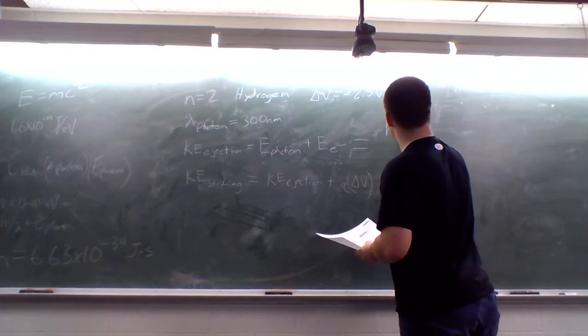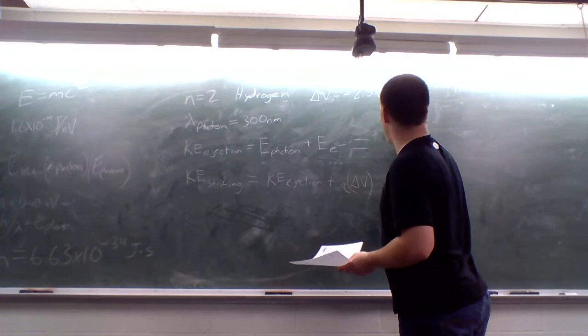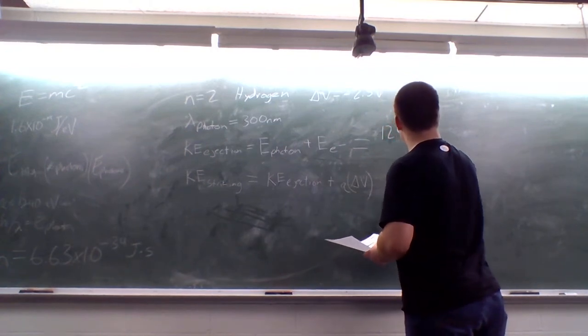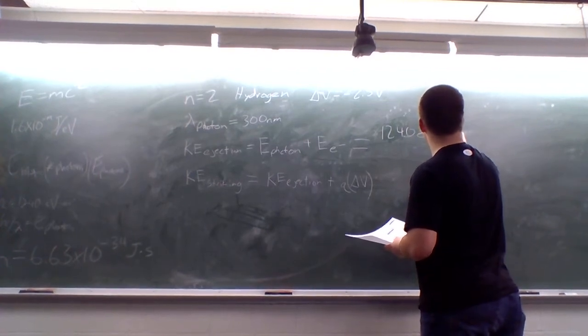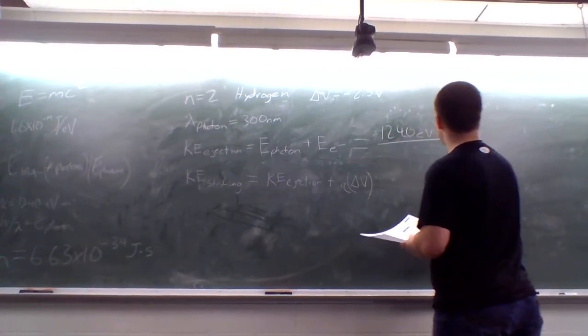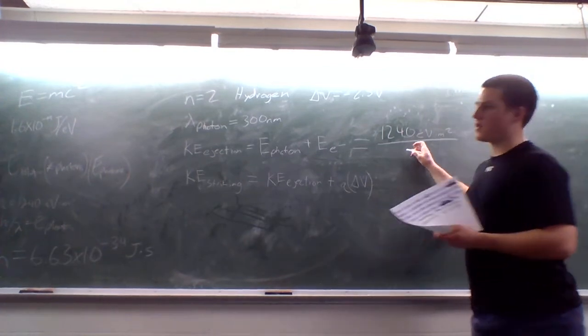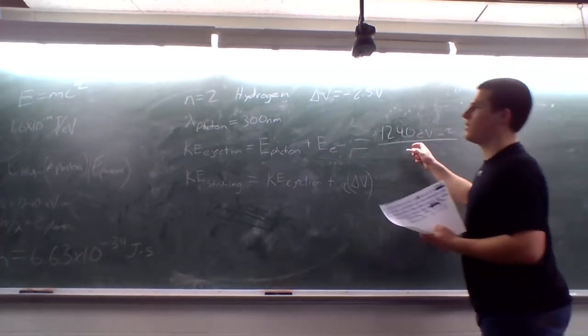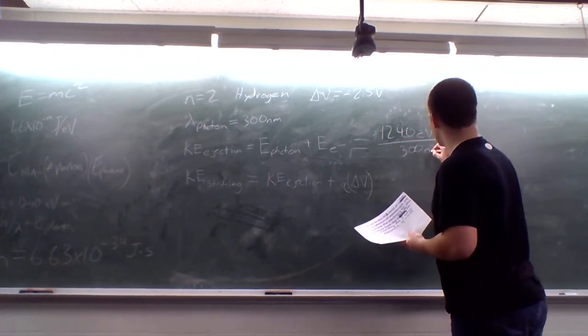So when I rewrite this equation, our photon energy will be hc. hc is 1240 electron volts times nanometers. And so we'll just divide that by our lambda, which is 300 nanometers.